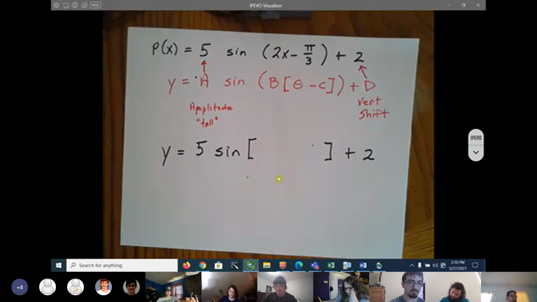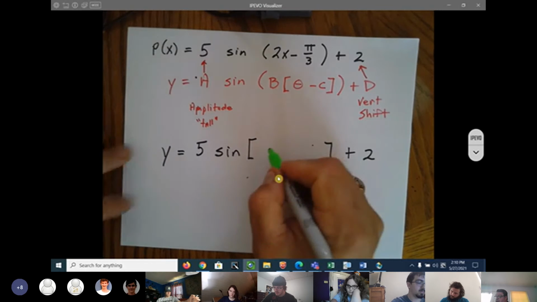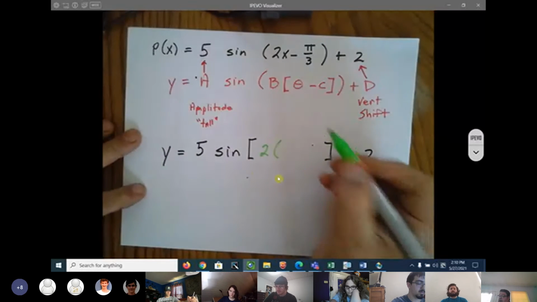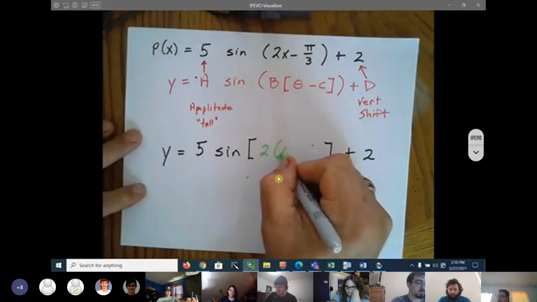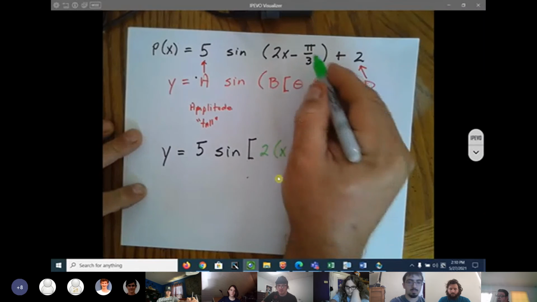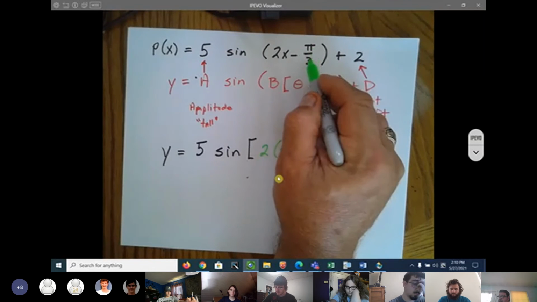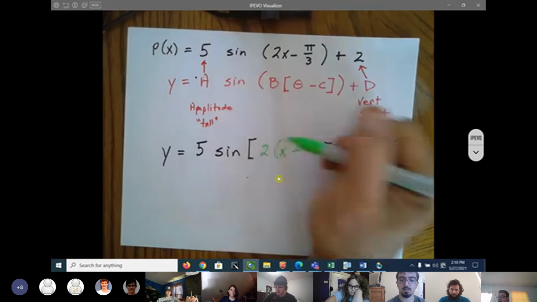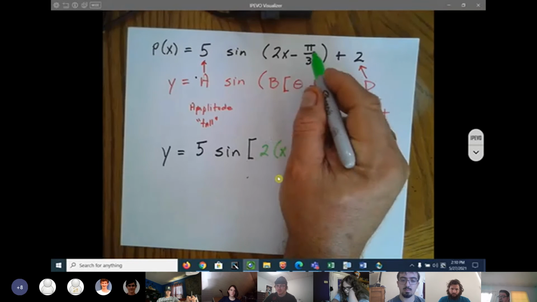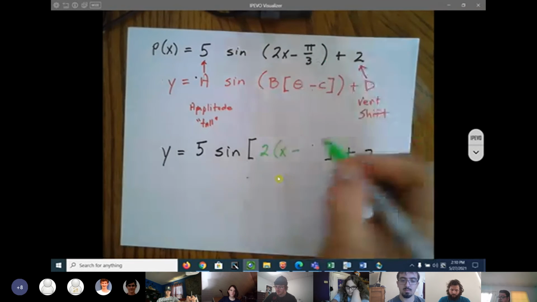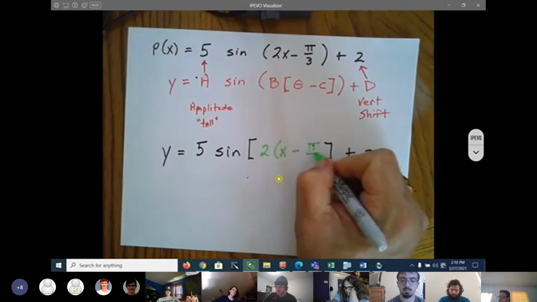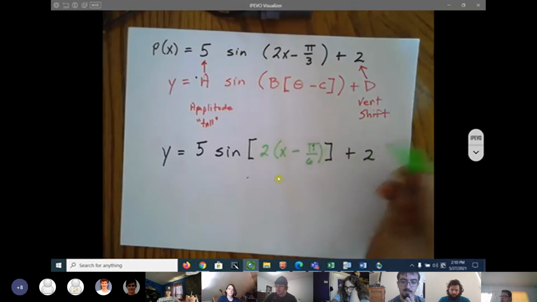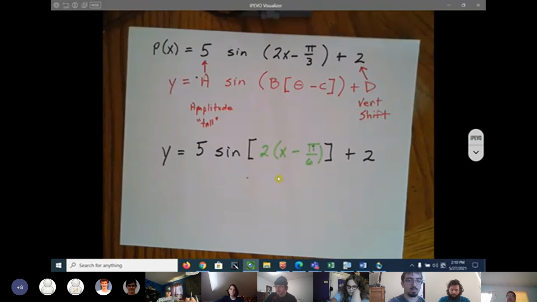And I'm going to take another color, and I'm going to factor out a 2, and that'll give me x minus, let's see, pi divided by 3 divided by 2, because you're factoring, is the same as multiplying by 1/2, which would be pi over 6. Now I've got everything I need.